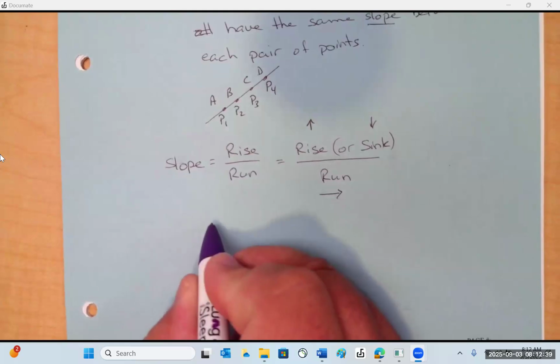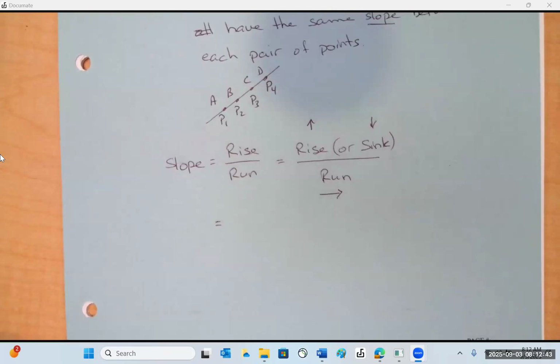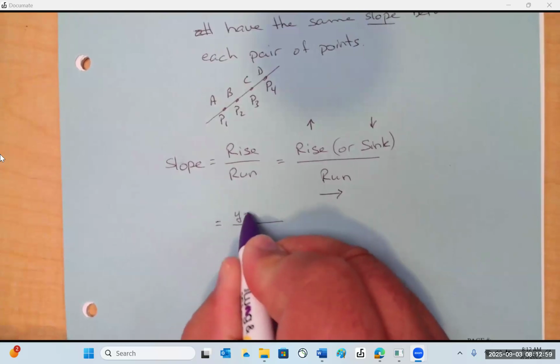So when we say rise, what axis does that deal with? What axis deals with up and down? Yes, so this has to do with the y-axis.